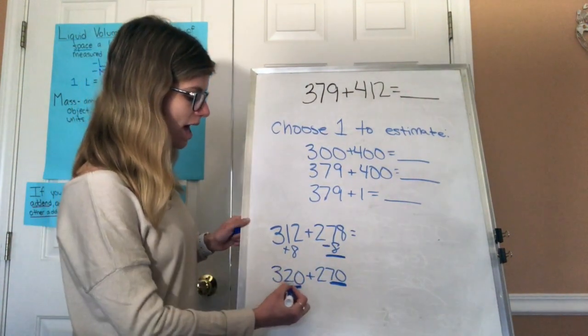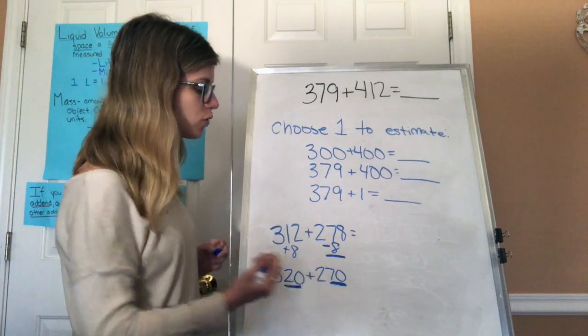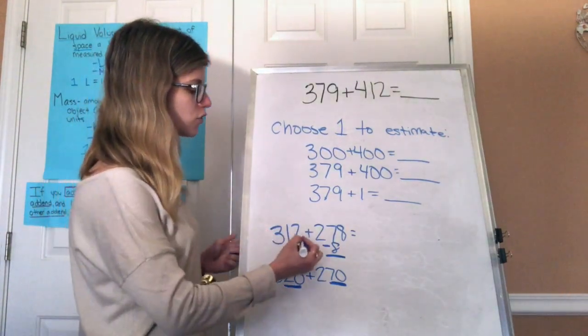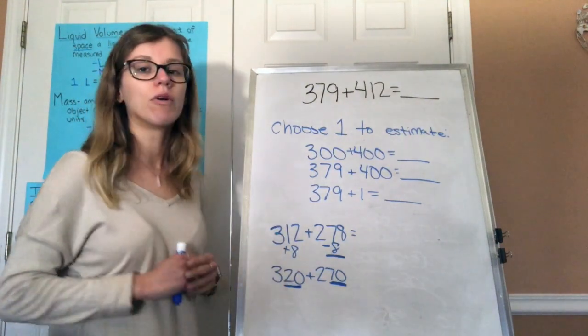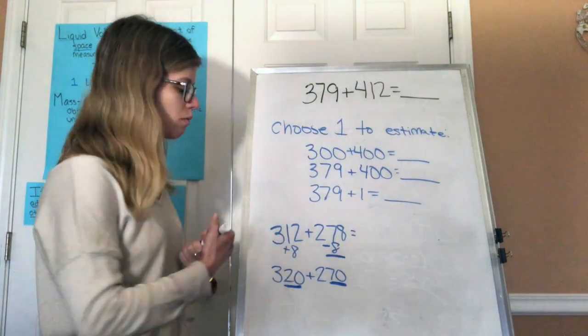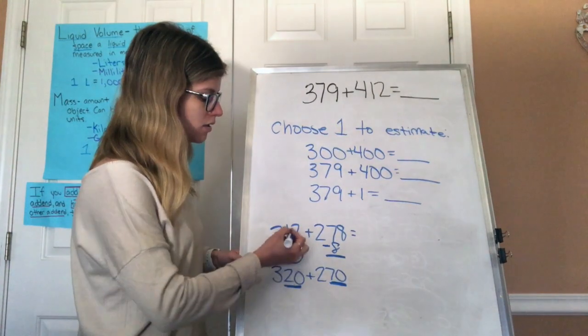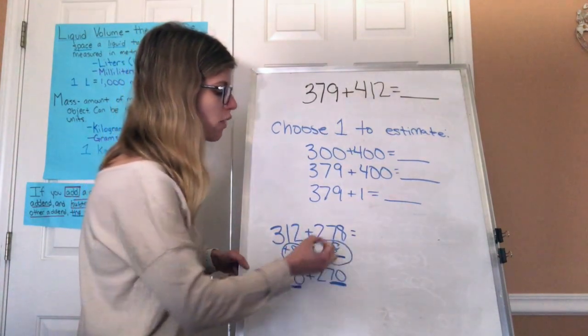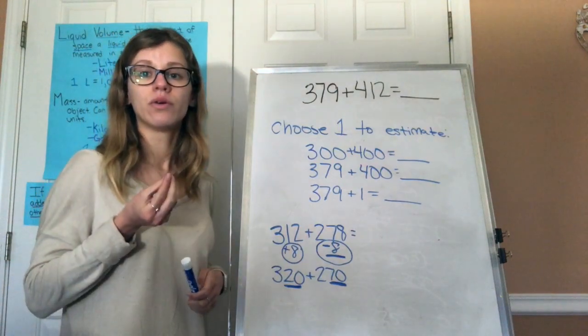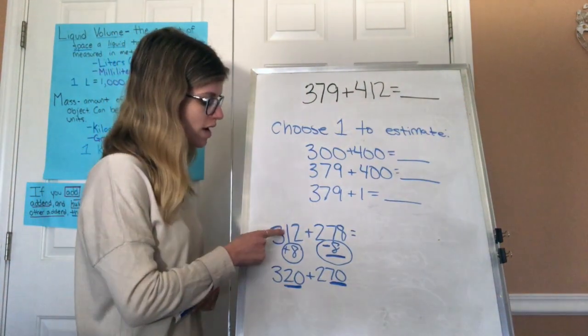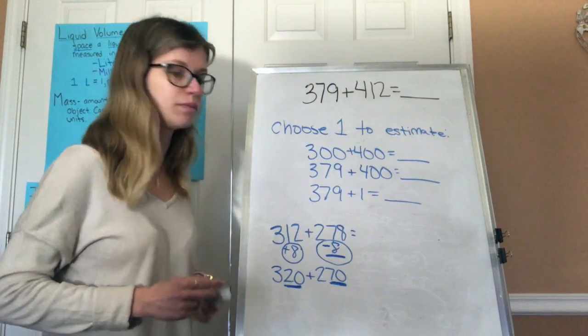So it's easier to add 320 plus 270 versus 312 and 278. And we figured out that these equations will get the same sum because I added 8 to one addend, but took away 8 from the other addend. So I added the same amount to one addend as I took away from a different addend.